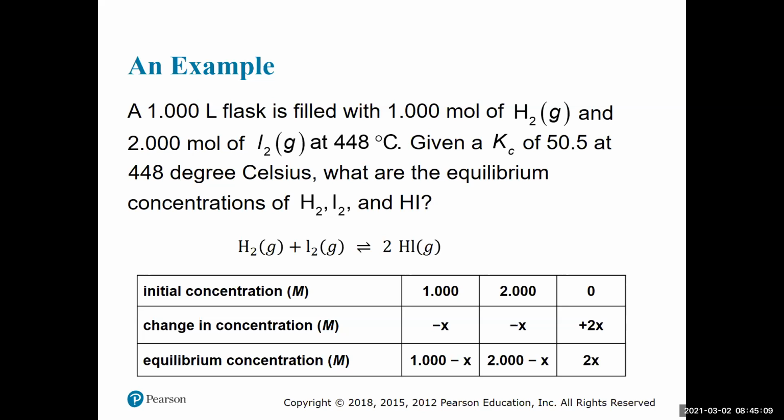Well, what's the change that's going to take place? This is where the stoichiometry of the reaction comes into play. 1 mole of H2 and 1 mole of I2 gives us 2 moles of HI.